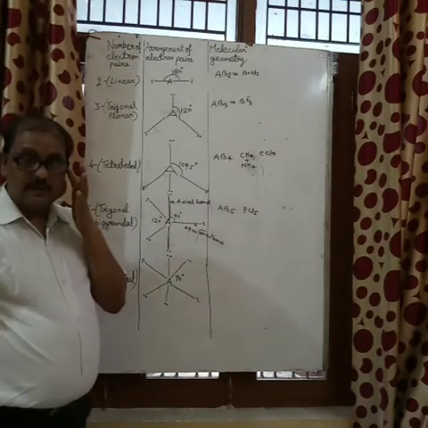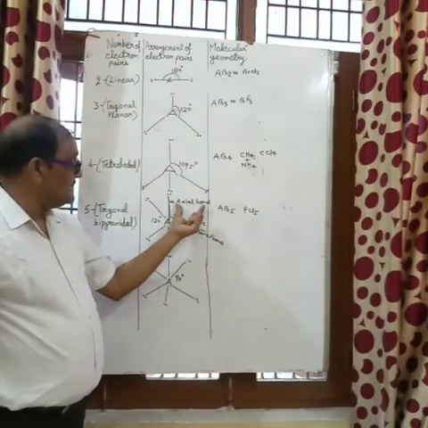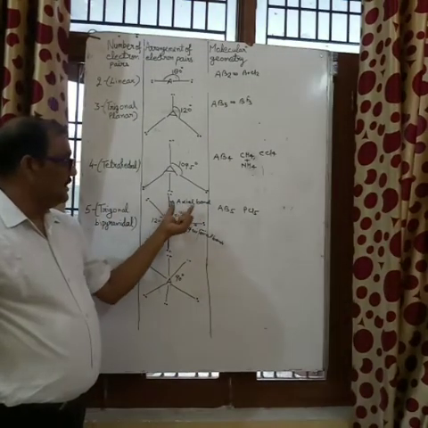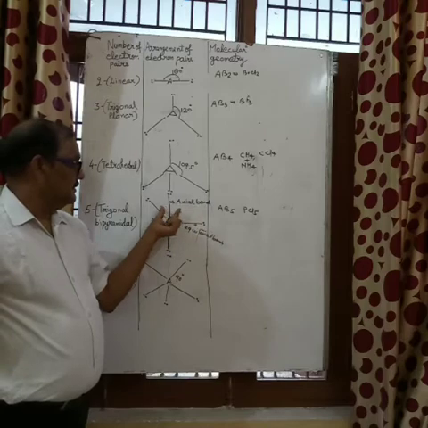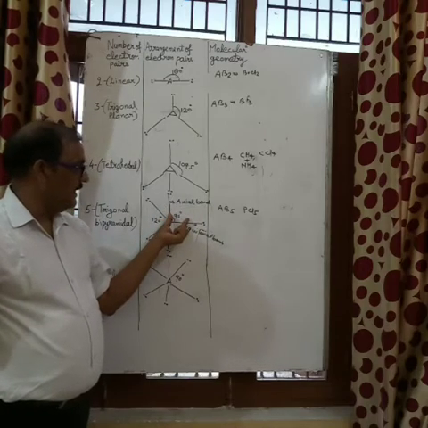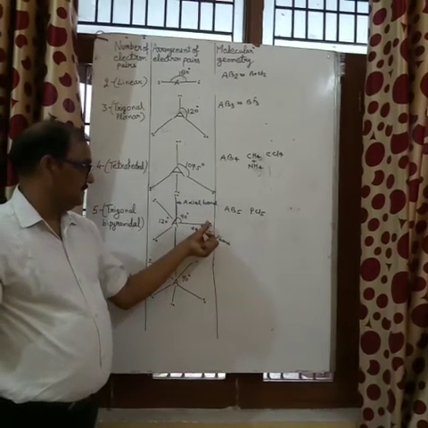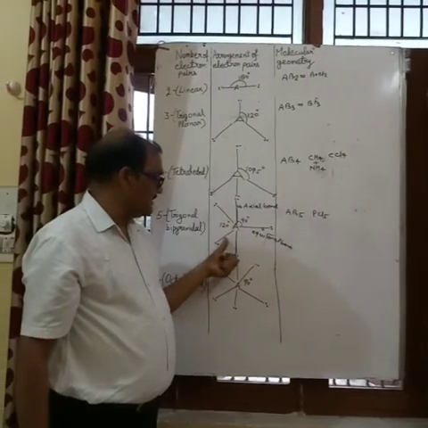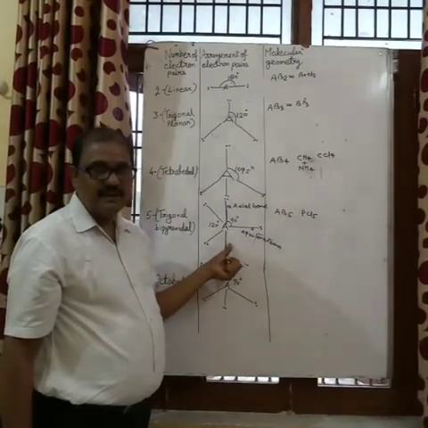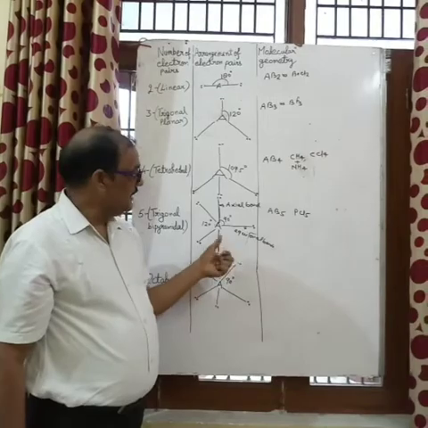That is the important question: why are axial bonds longer? Because of the smaller bond angle and maximum repulsion. And the equatorial bonds are comparatively shorter and stronger in nature.